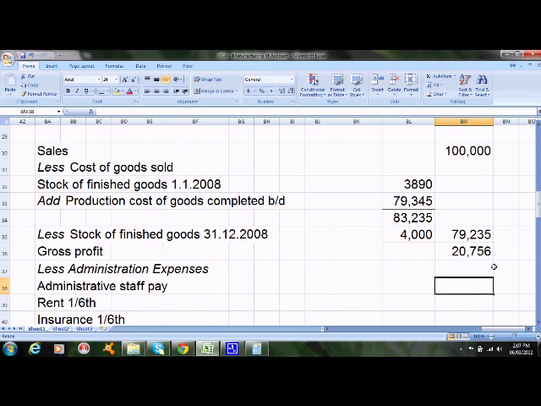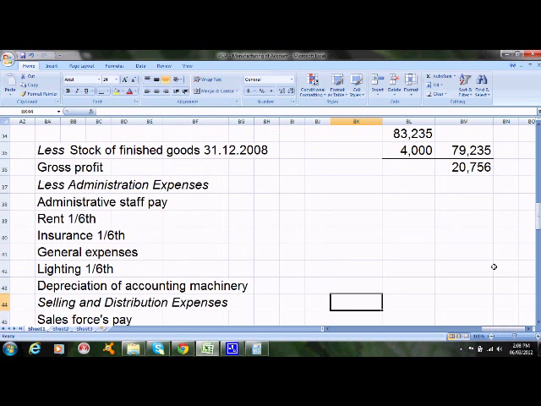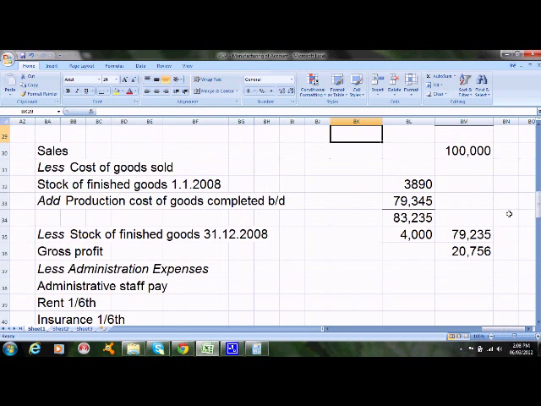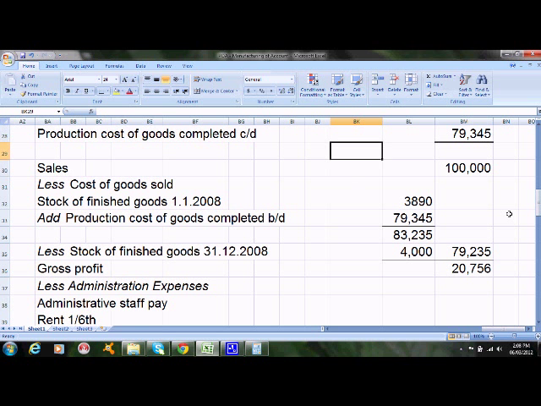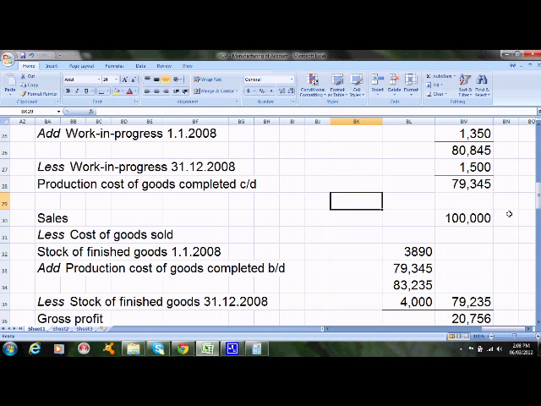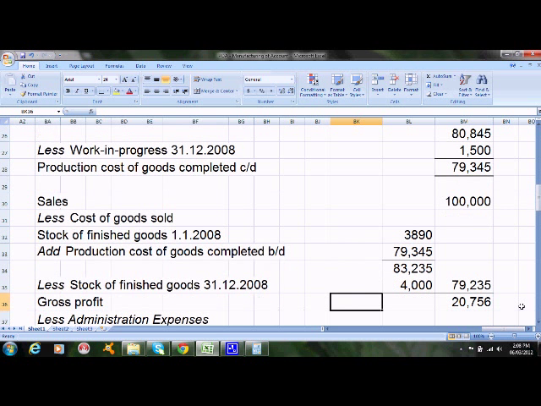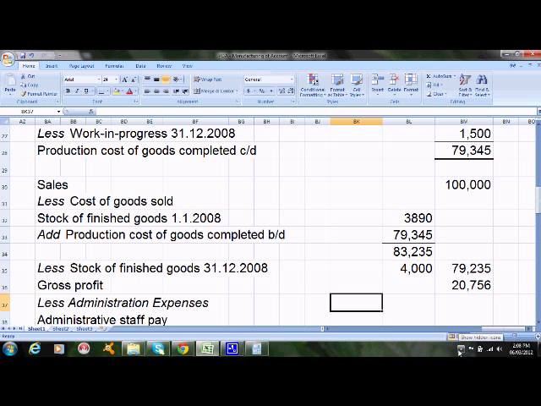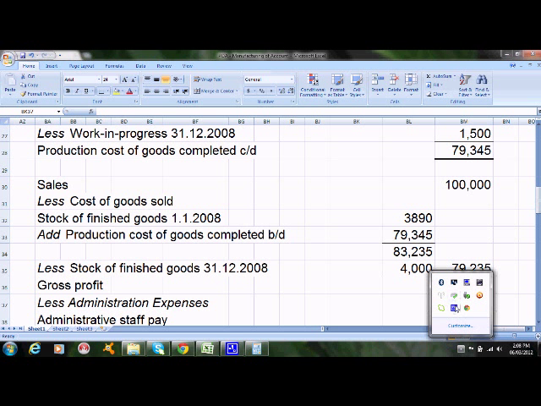So our gross profit is 20,756. Now we're going to deal with our expenses at this time, my friends. I'm going to pause the video at this time for you to look at what happened. Pause the video, watch the figures here, look at your trial balance again and your other things, and retrace your steps and understand what we are doing.